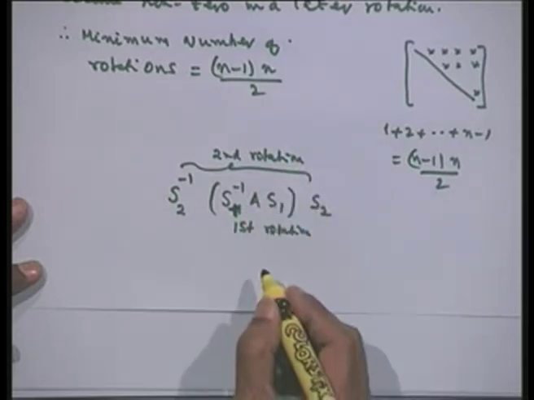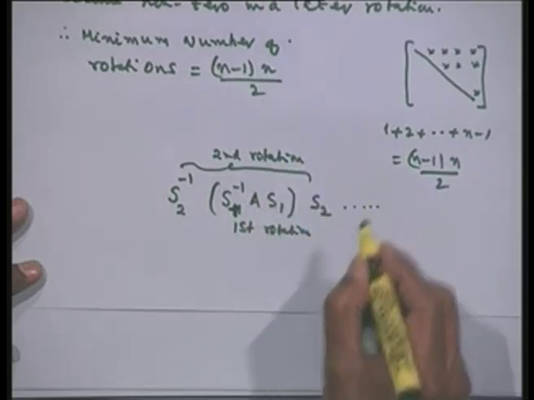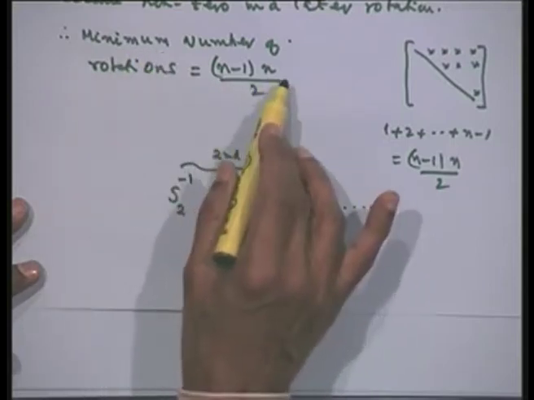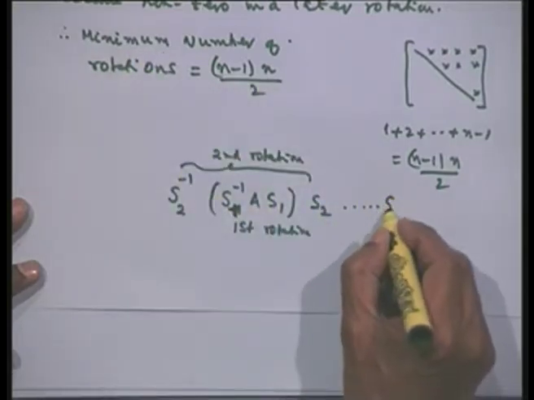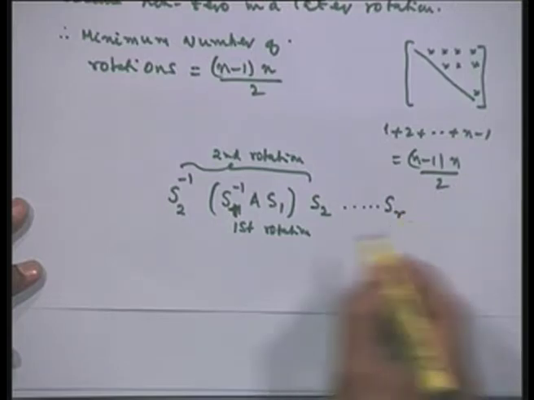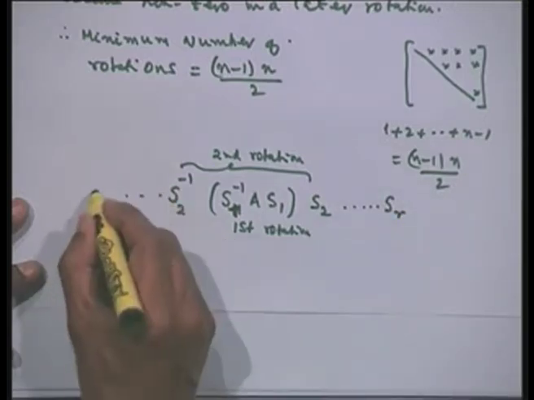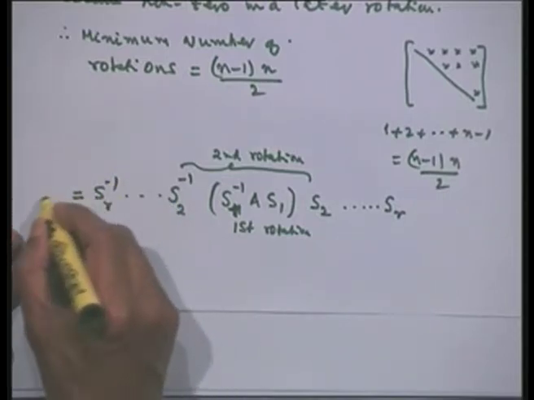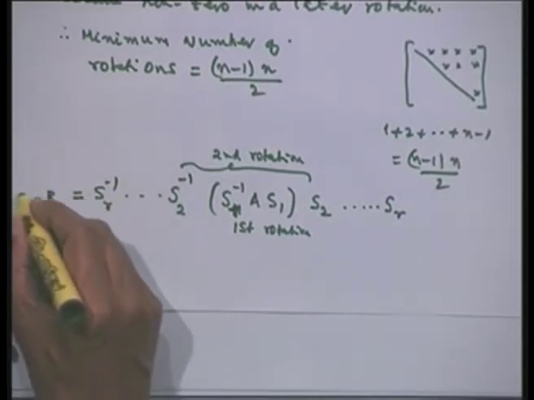This is my second rotation. So on, I am now applying. We know that the minimum number of rotations is this. Therefore, let us say we needed some R rotations. So, I can make this as SR inverse, and this is finally our matrix BR, and that is your D.